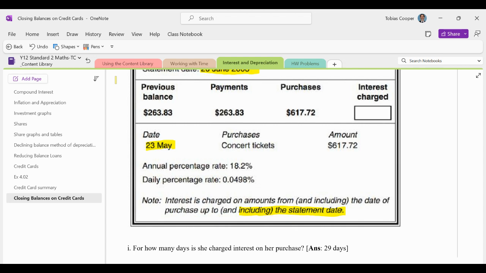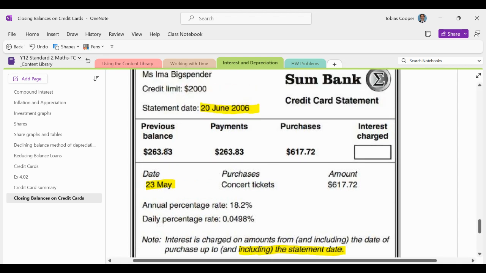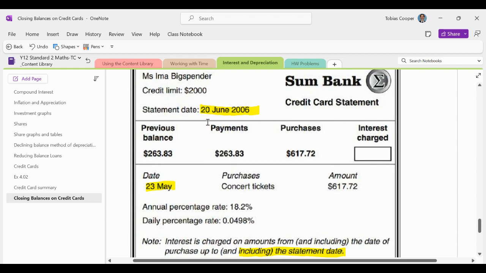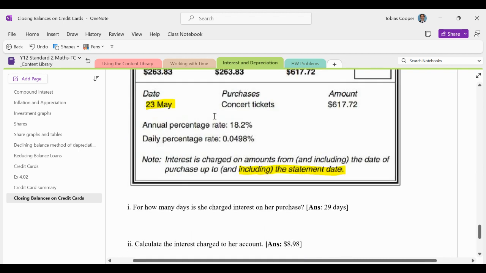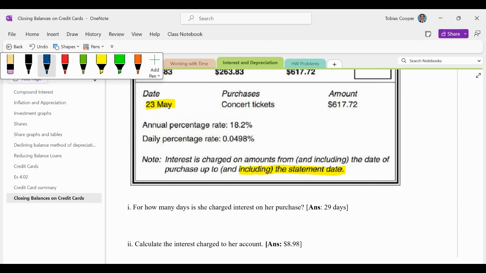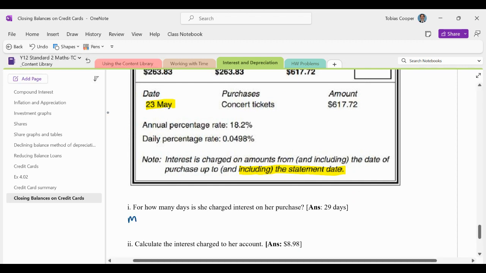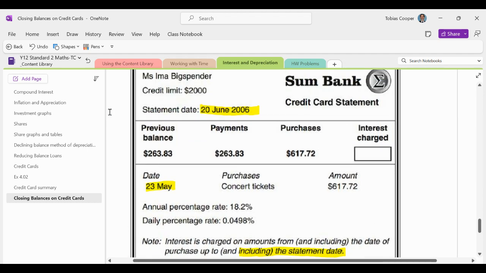Now, she purchased it on 23rd of May. The statement date is 20th of June. So we need to calculate how many days from 23rd of May to 20th of June.